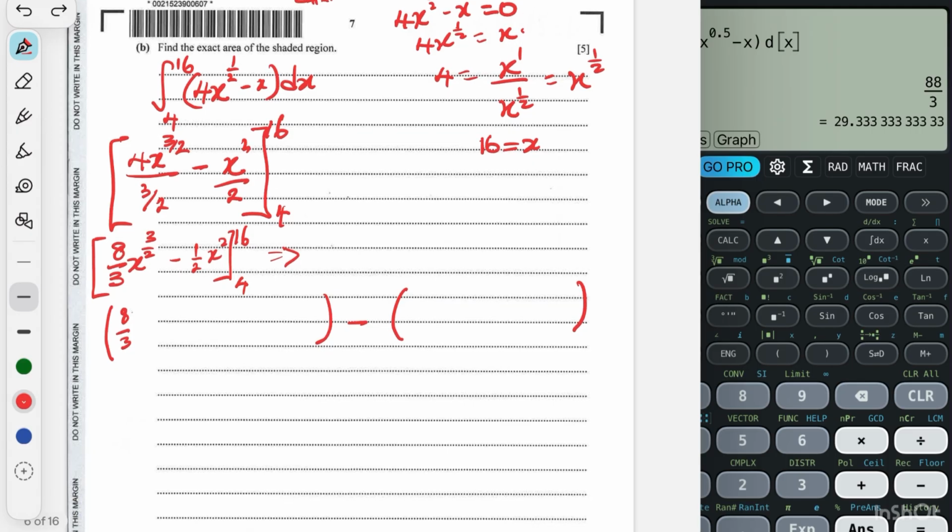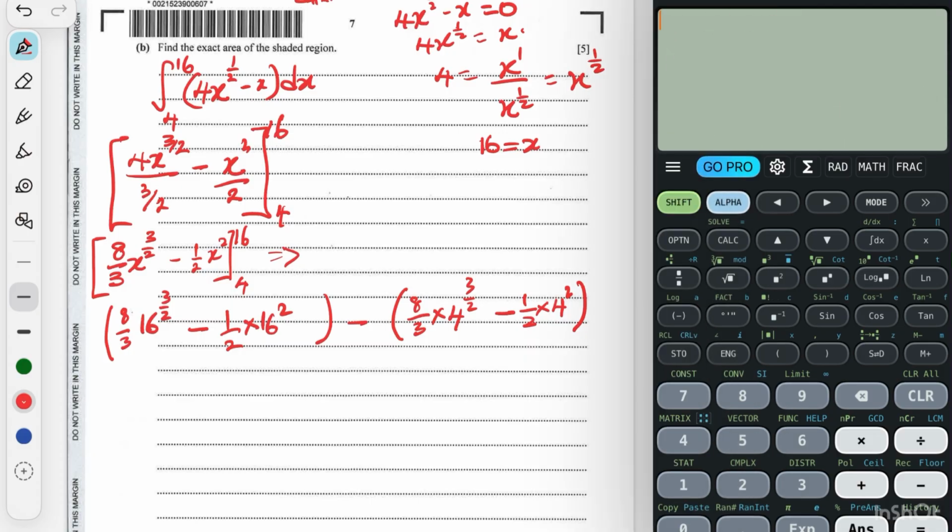So 16 to the power of 3 by 2 minus 1 over 2 times 16 squared, then 8 by 3 times 4 to the power of 3 by 2 minus 1 over 2 times 4 squared, yeah. So I'm just going to press my calculator.